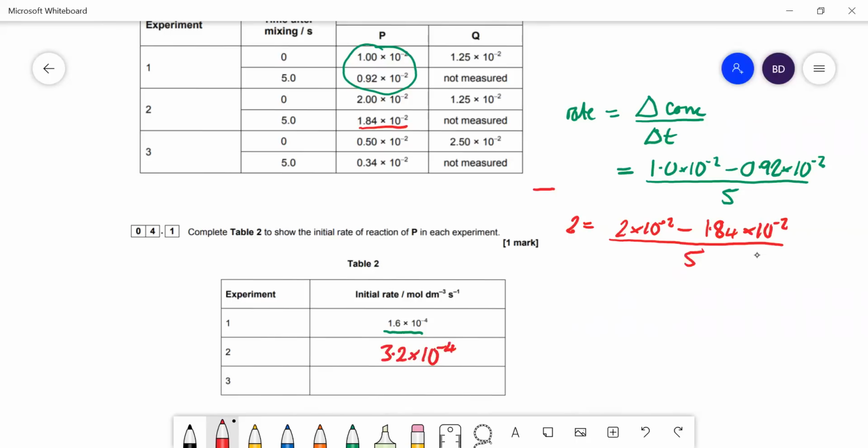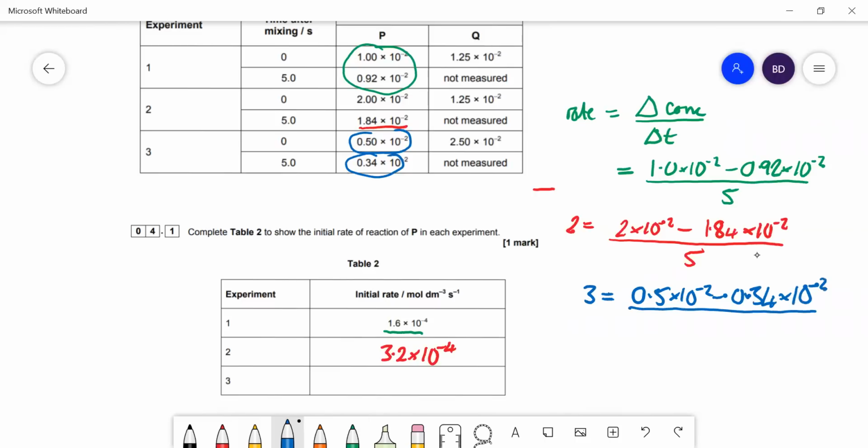Do the same for number 3, let's do this in blue. What's the drop in concentration? Well, 0.5 minus 0.34, divided by the time taken, 5 seconds. That is equal to, again, 3.2 times 10 to the minus 4.